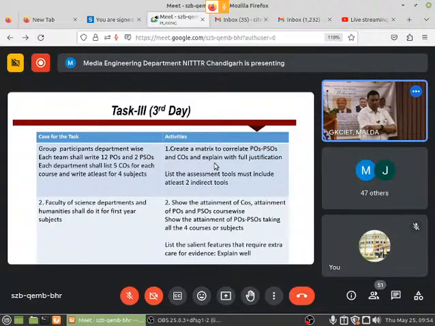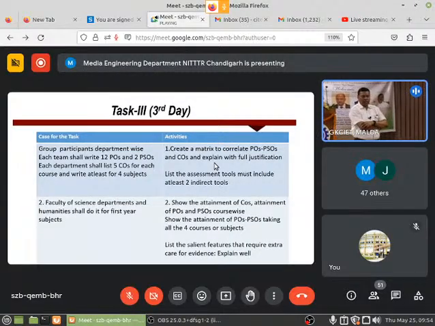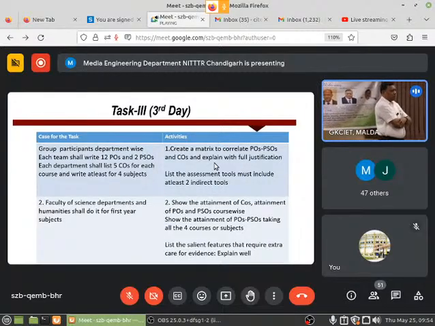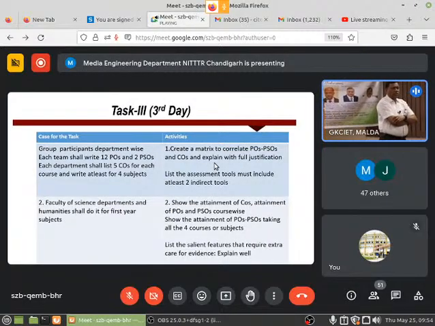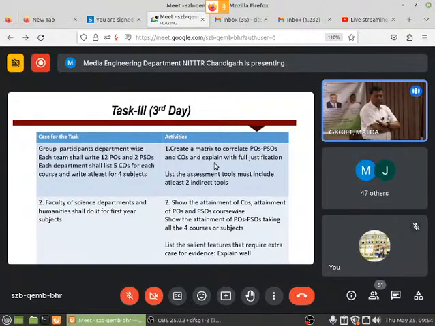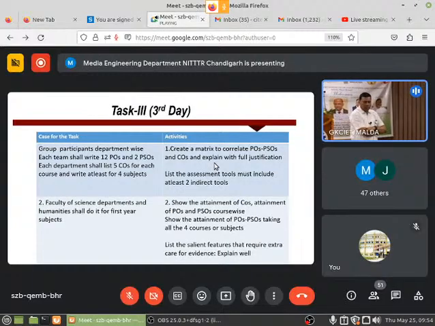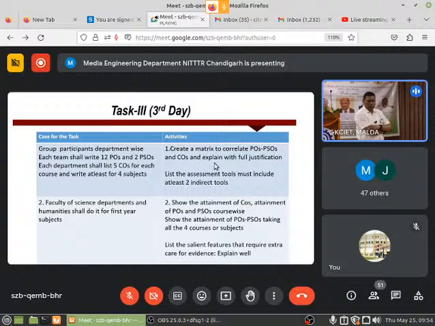Mark it. Get ready for that. The PO, PSO and CO correlation matrix or articulation matrix will be discussed with full justification by one of the ICT centers.